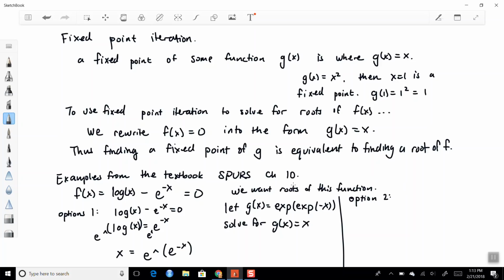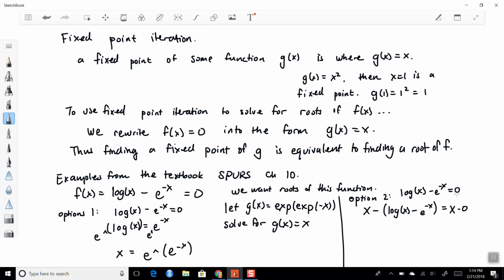Option 2, you've got log of x minus e to the negative x is equal to 0. And then all we'll do is we'll just do x minus this side and x minus that side. So I'll have x minus log of x minus e to the negative x is equal to x minus 0, right?